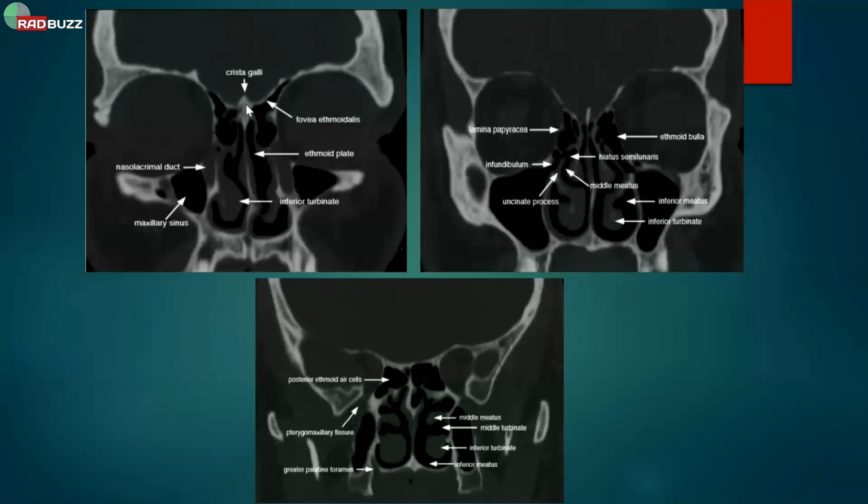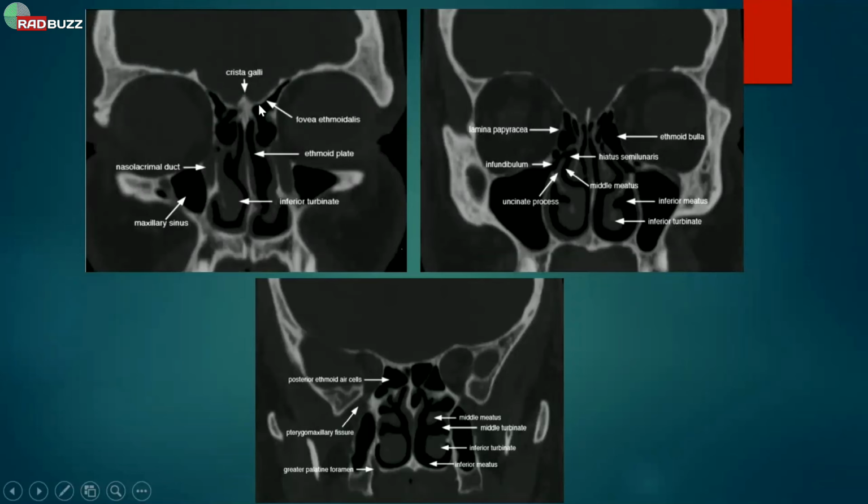This is important. This structure is the cribriform plate of the ethmoid bone, and it has the fovea ethmoidalis. The cribriform plate of the ethmoid is important because this structure is involved or gone in pathologies where there is a communication between the anterior cranial fossa, that's brain parenchyma, and the anterior ethmoid sinuses or the nasal cavity.